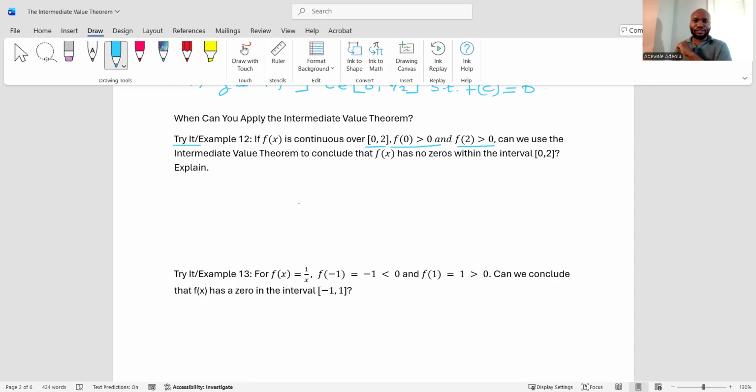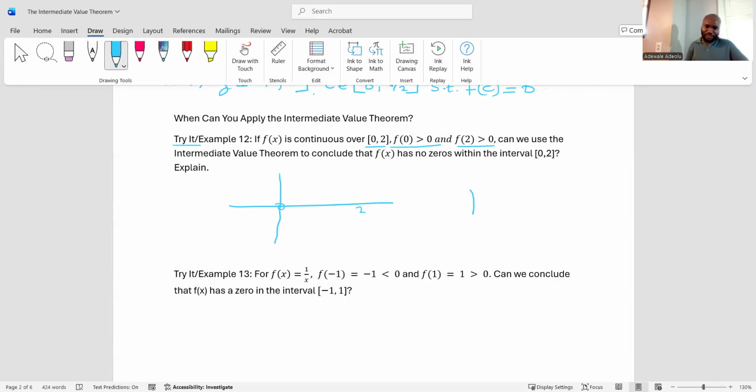So we know that f of x is continuous over 0, 2. Let me make a graph. Look at this graph. Suppose this is 0, this is 2.